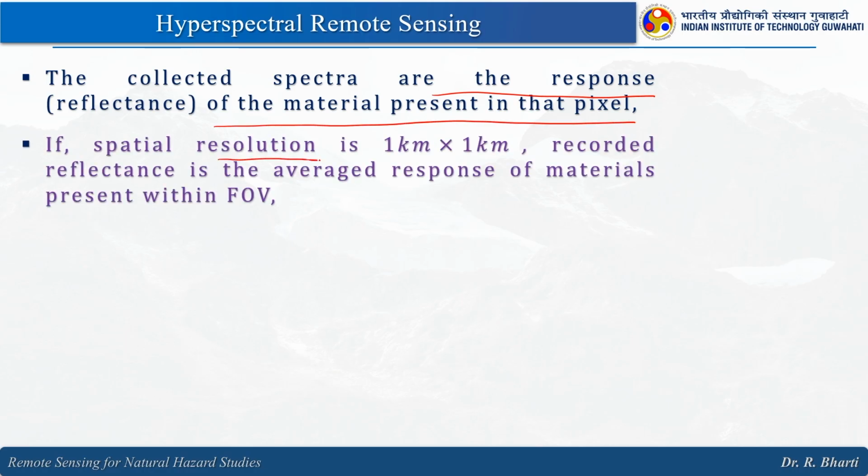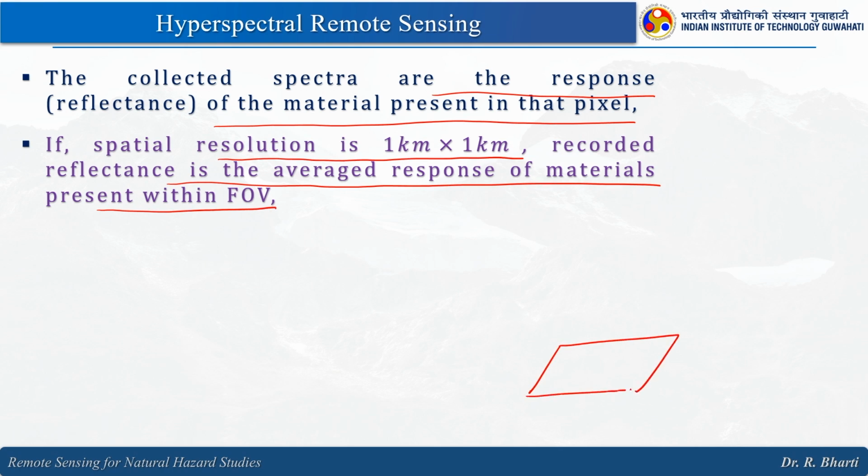The collected spectra are the response of the material present in that particular pixel. If the spatial resolution is 1 by 1 kilometer, the recorded reflectance is the average response of the material present within the field of view. When we talk about satellite remote sensing, the satellite has a detector looking at the ground and covering a particular area.